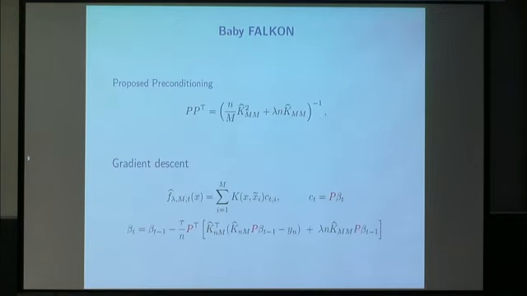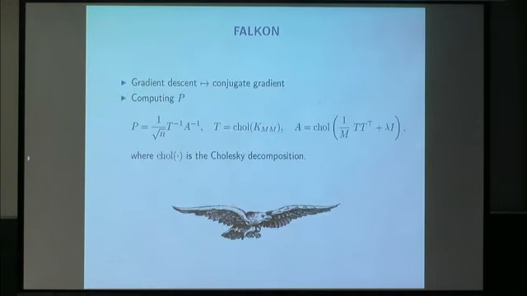Our algorithm, which we call Baby Falkon, consists just in computing the preconditioner and then doing preconditioned gradient descent. So it is as before, but here we put the matrix P where it should be. Actually, in the true algorithm, instead of gradient descent, we use conjugate gradient. Why?